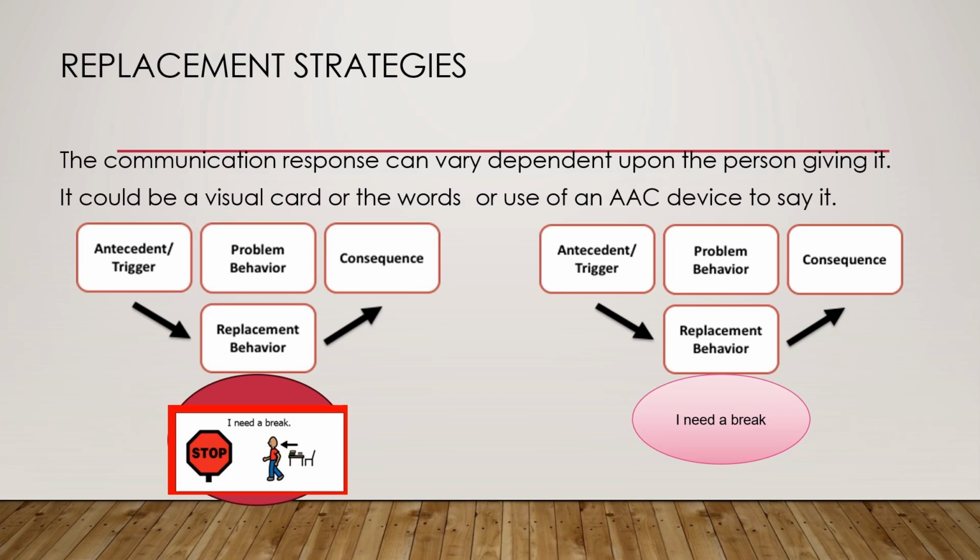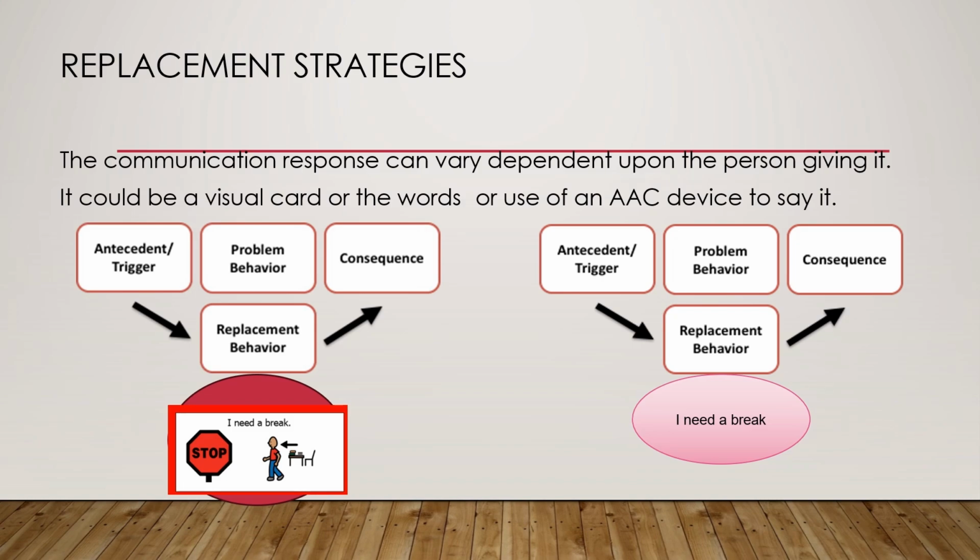Some are going to use their high-tech augmentative communication device. You can use any version that works for you. I'm specifically going to talk about it in picture card form, but you can use any version that works best for your child or your student, right? So any version that works for you.